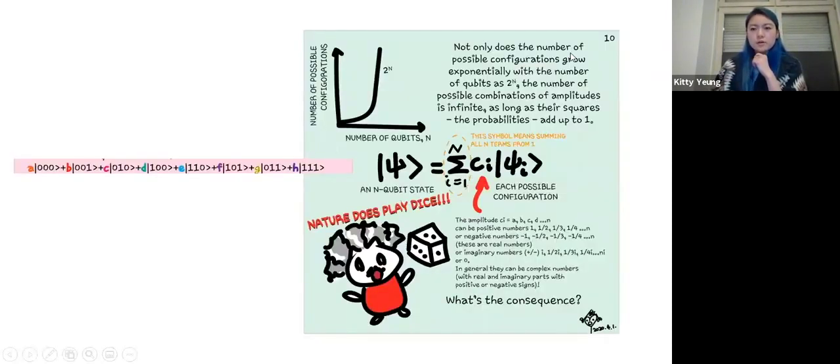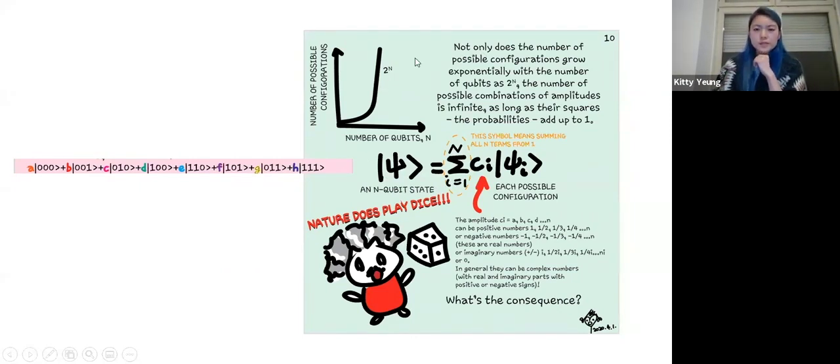Instead of classical computing, classical bits, where you have to represent every single state with a bit, here you have a superposition of all those possibilities. You can even just shorten your writing to a summation of all the configurations, all the possibilities.